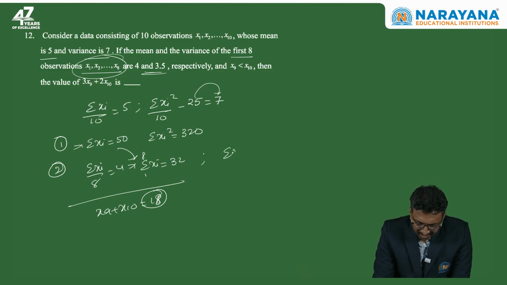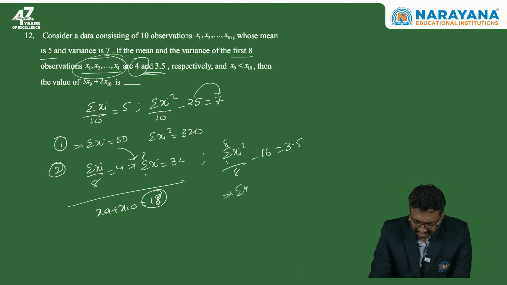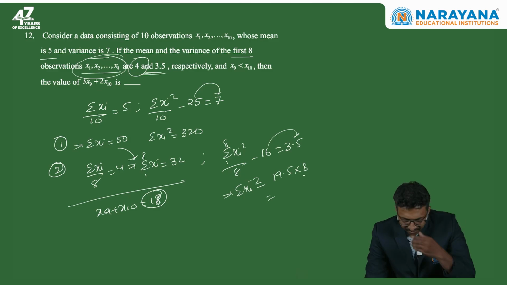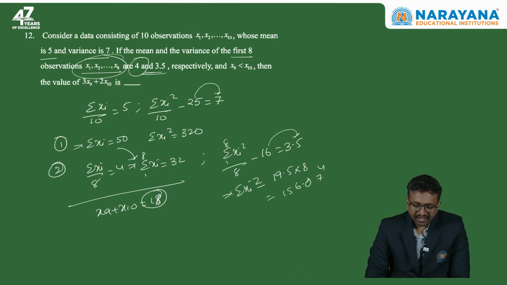Next, sigma xi square from 1 to 8 by 8 minus x bar square, that is minus 16, is equal to 3.5 variance. So sigma xi square is equal to 19.5 into 8, which is 156.